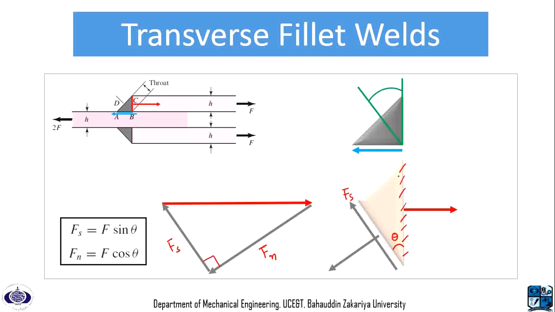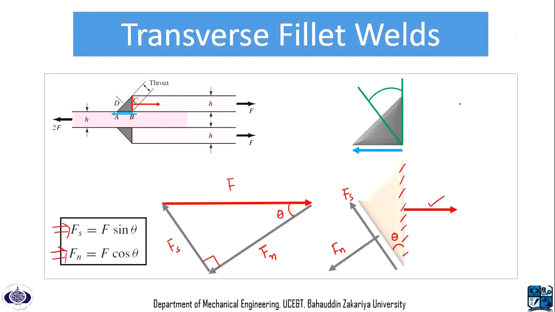So if Fs and this vertical have angle theta, then Fn and this horizontal are going to have the same angle theta. So it means we are going to have this angle theta between Fn and F. So we can see from here that Fs is equal to F sine theta and Fn is equal to F cos theta.